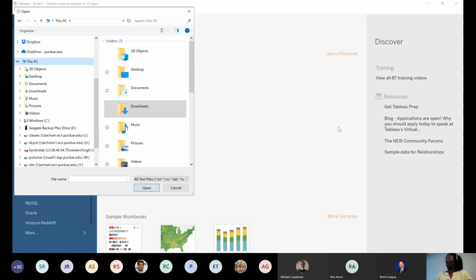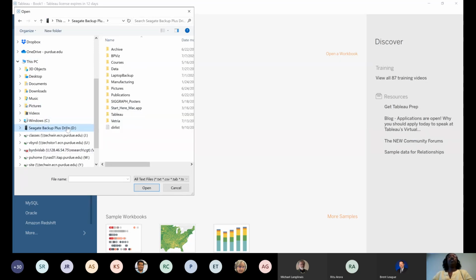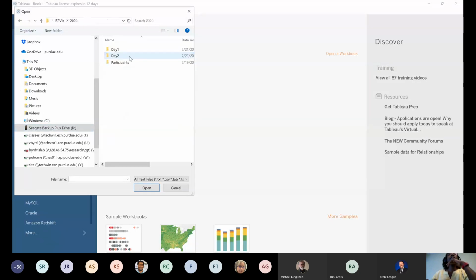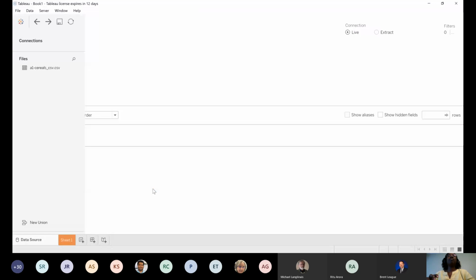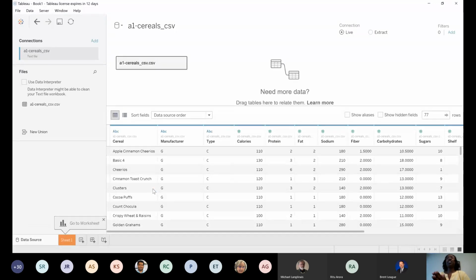What we're going to try to do is load that file, and where did I put it? Ah, there we are. Okay, so you should see something that looks like this. I have to laugh at myself.